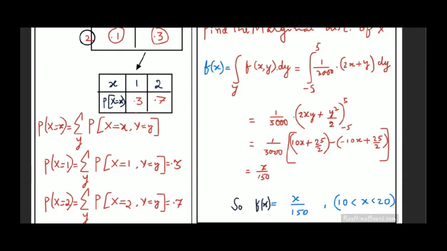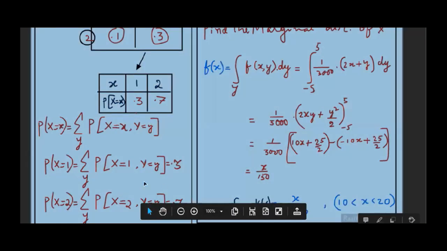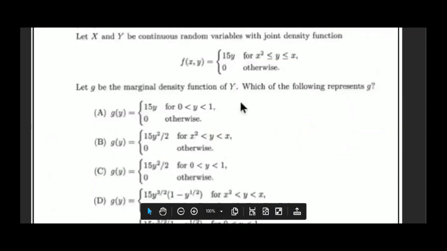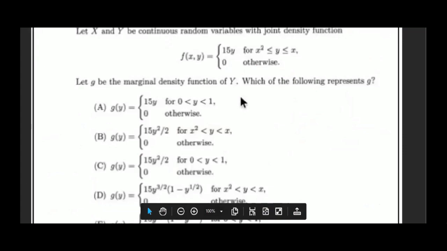Because it's continuous, for all values you have to put in x upon 150. If you see, fx we have written here in tabular form, under this arrow. And on the right hand side, the tabular form will be this one.